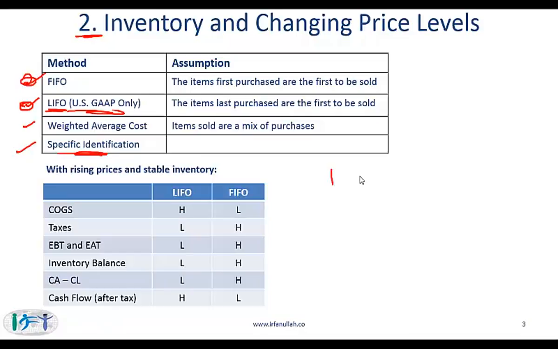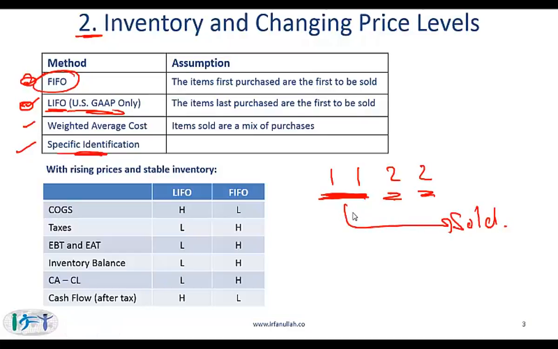So if you take a very simple scenario where a company over a period of time buys 4 times. First it pays $1, then again it pays $1 for the next item, then it pays $2 and $2. So I call this the 1122 model. What happens with the FIFO method? With the FIFO method, we are saying that the first in items, the 1 and the 1, these are sold first.